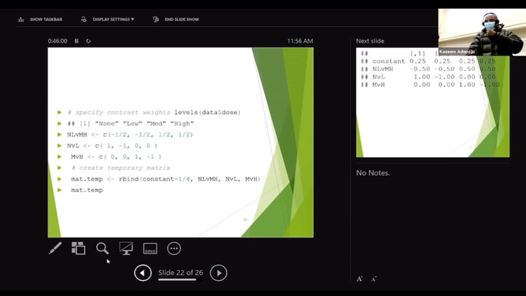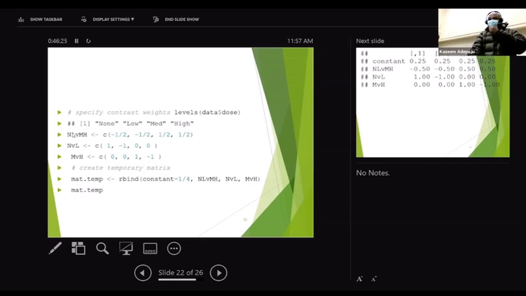And I gave another example. But this time, we have three contrasts. We're talking about a data set on those. If you look at the first one, the levels we're comparing are none, low, medium, high.